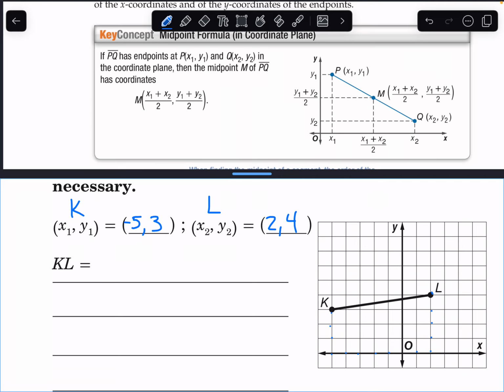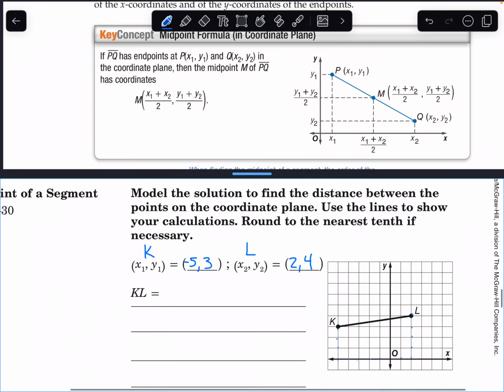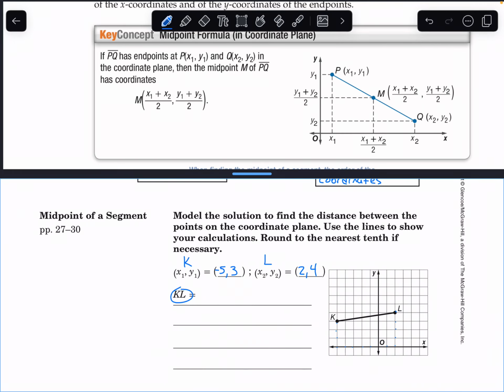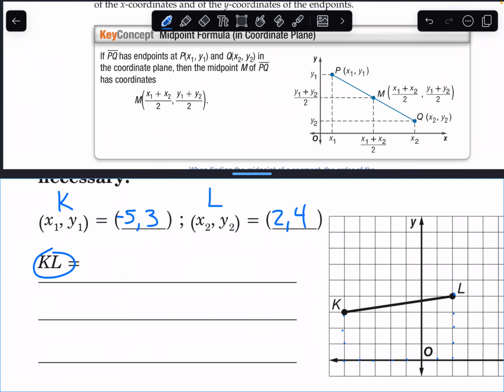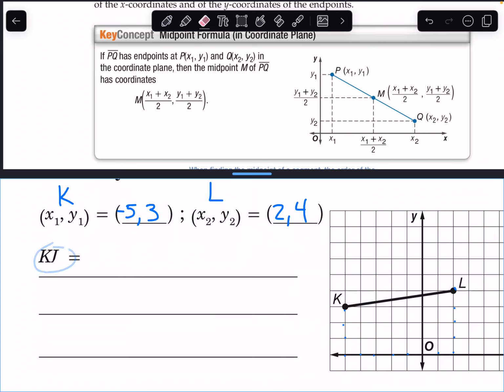So then KL, the distance KL, that's what this would be suggesting here. We're not finding distance. We're looking for the midpoint here. All right, so we're going to ignore this and call it M. M would have the coordinates.